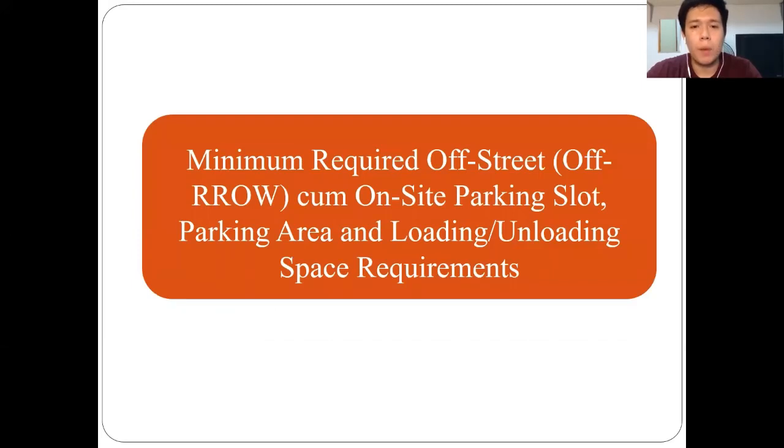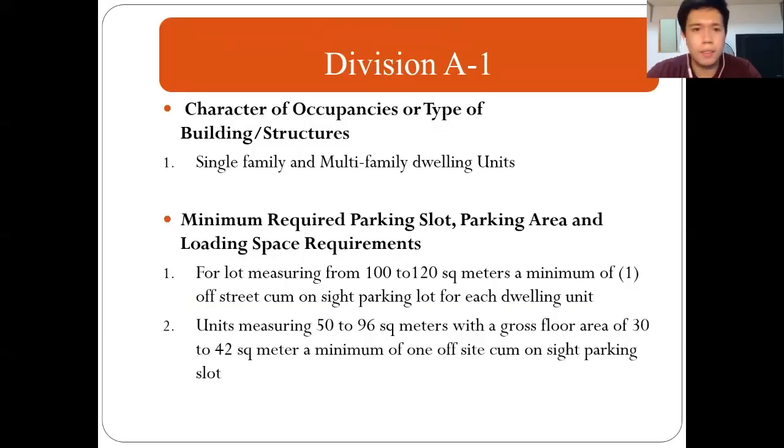The minimum required off-street, or on-site, parking slot, parking area, and loading-unloading space requirements. For Division A1, character of occupancies or type of building structures: single, family, and multi-family dwelling units. Minimum required parking slot, parking area, and loading space requirements.